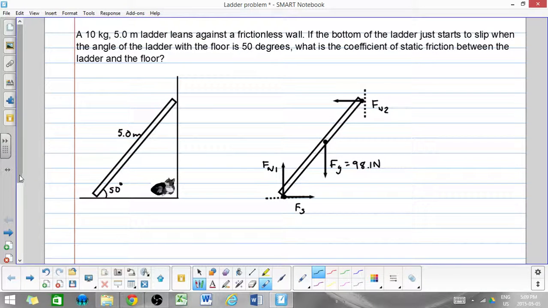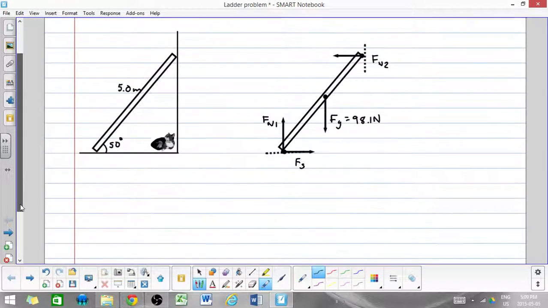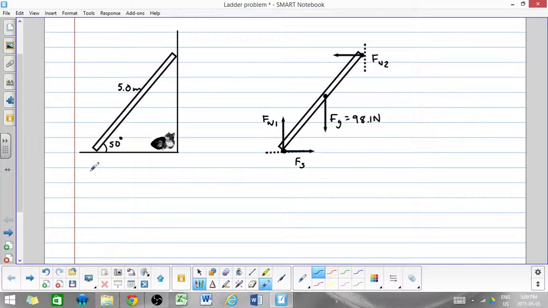Like other static equilibrium problems, we know that all the forces have to balance and all the torques have to balance. So let's deal with the forces first. All the forces sum up to 0. Let's start with the x components. We've got two forces with x components.